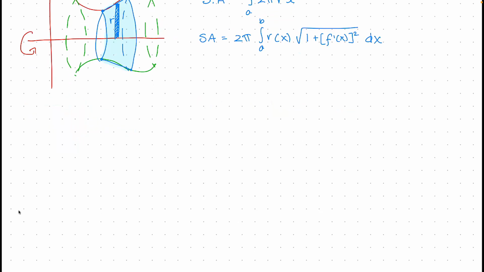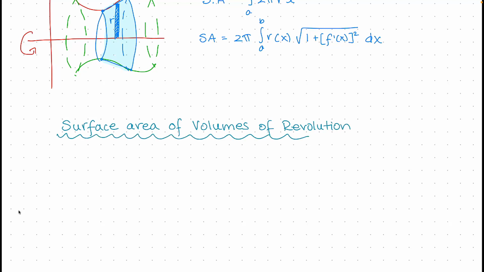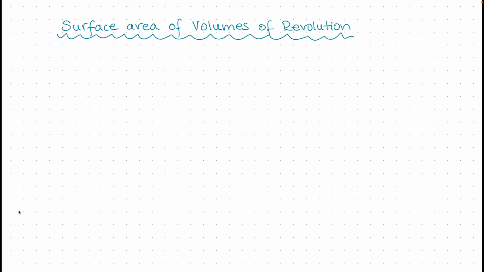Alright, surface area of volumes of revolution. I know I'm saying the word volume, but we're not actually finding volume, we're finding surface area. So this one is going to be helpful if we have the more detailed wording. So that's why we're going to write a bunch of stuff out.